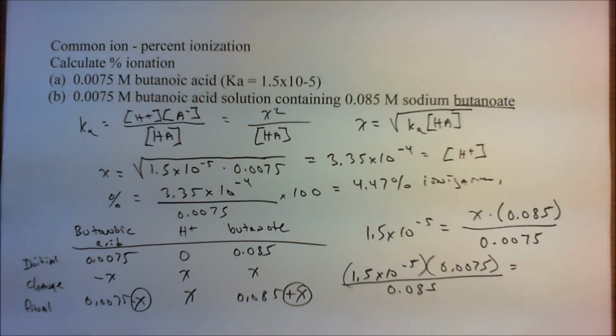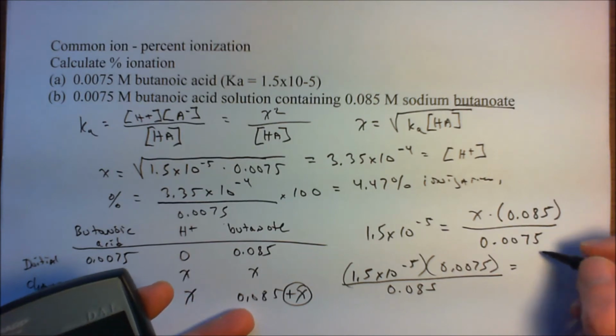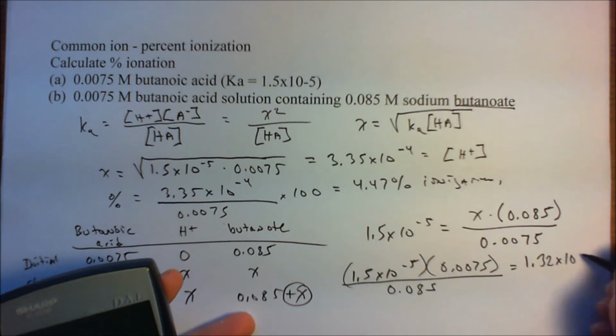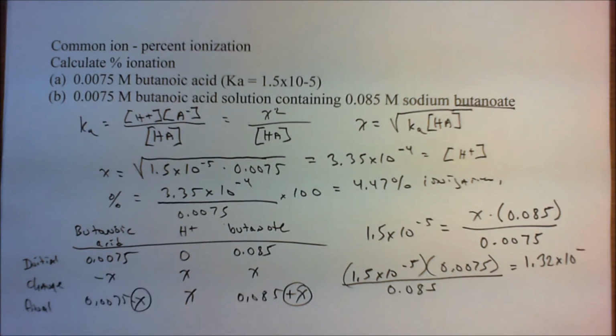We have 1.5 times 10 to the minus 5, times 0.0075, divided by 0.085, equals, and I get 1.32 times 10 to the minus 6.